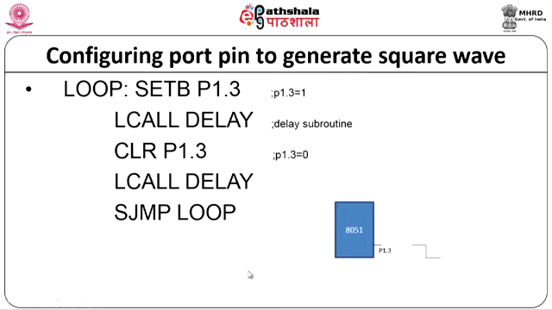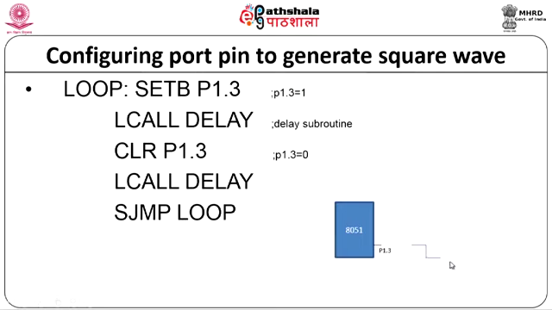If I am looking at a square wave, this is high and this is low. High means I say it is 1. I retain the value of 1 for a certain time, then give a value of 0 for a certain time. If these two times are the same, it becomes a square wave. If these two times are different, it will look like a rectangular wave.